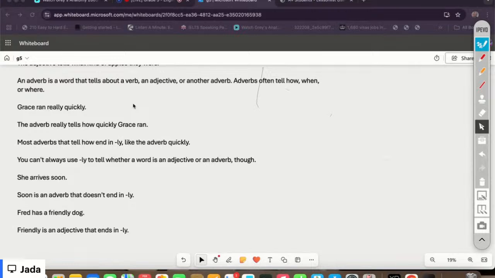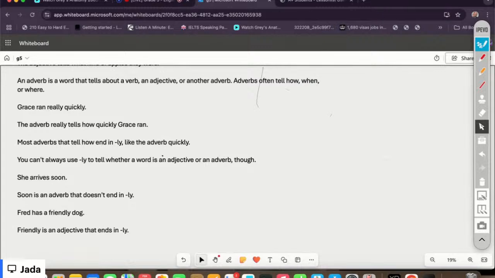And then you can't always use ly to tell whether a word is an adjective or an adverb though. So you cannot always use ly to say that this is an adverb, okay? So you have to note that the adverb comes in different ways, just like I've said. She arrived soon. Soon is an adverb that doesn't end with ly.